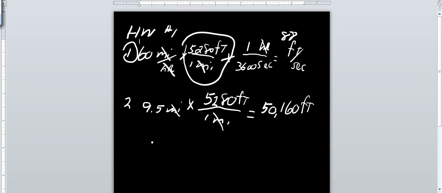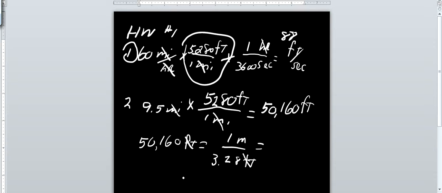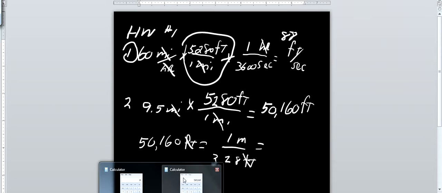So that's our conversion factor. 50,160 feet, and our conversion was 1 meter equals 3.28 feet. Our feet will cancel, and we do a division.